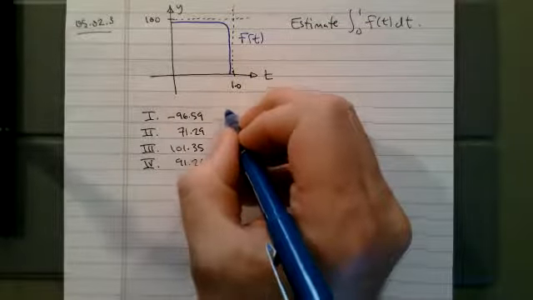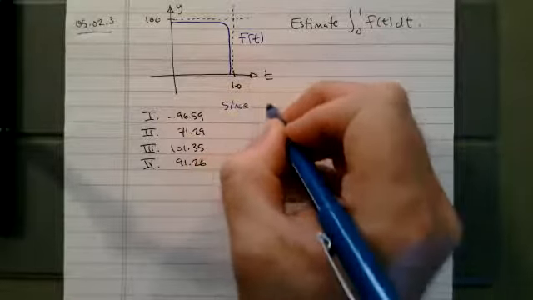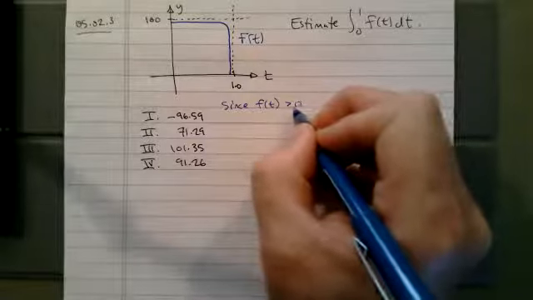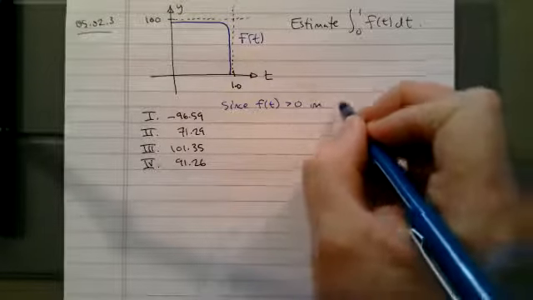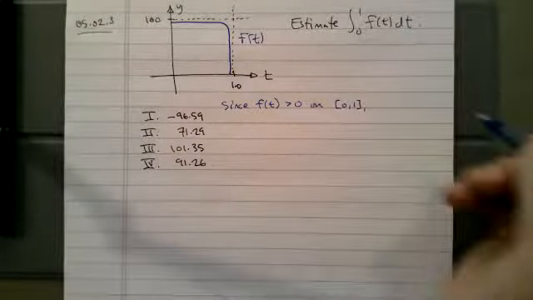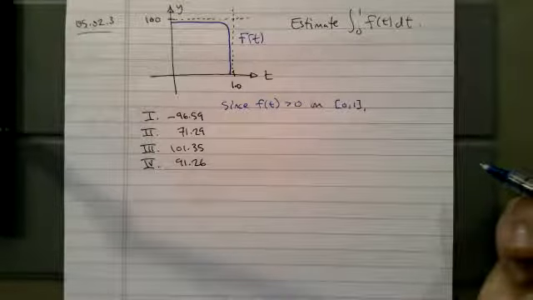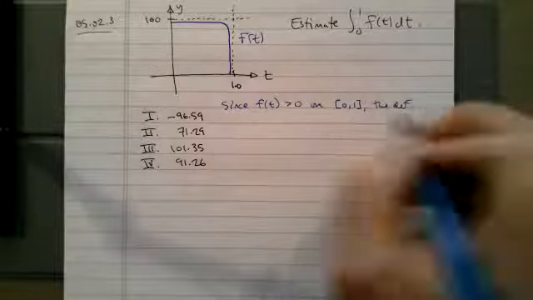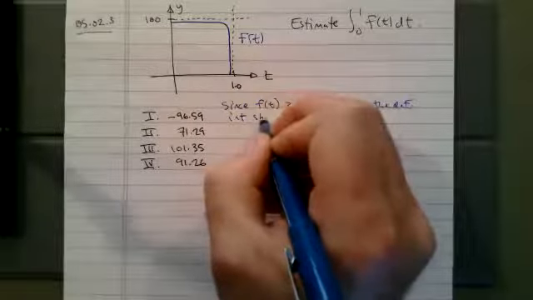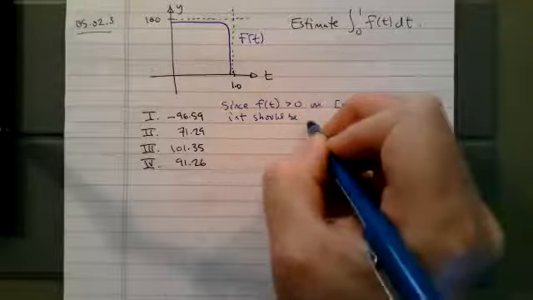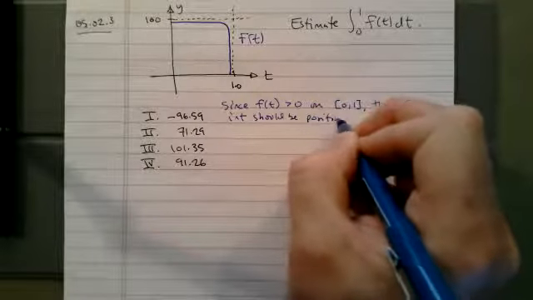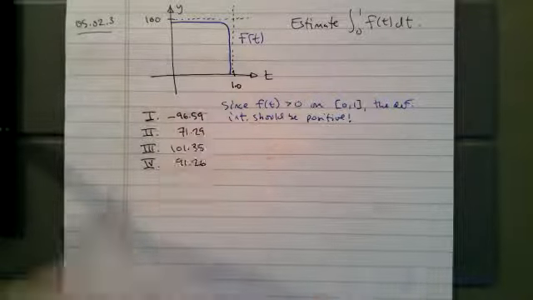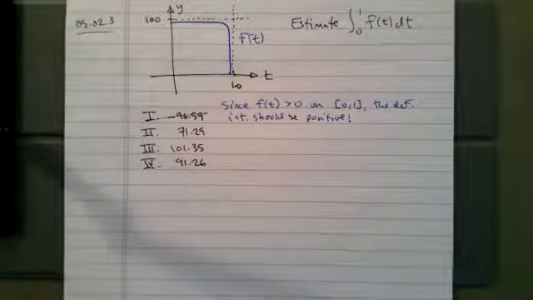So we would say since f of t is positive on the interval from 0 to 1, the definite integral should be positive. So it cannot be negative 96.59.